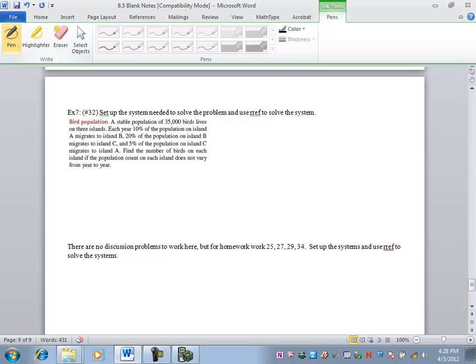Alright, so let's see what we've got here. We are going to let x, y, and z represent the populations on islands A, B, and C respectively.